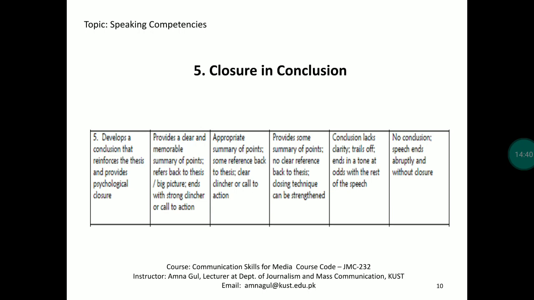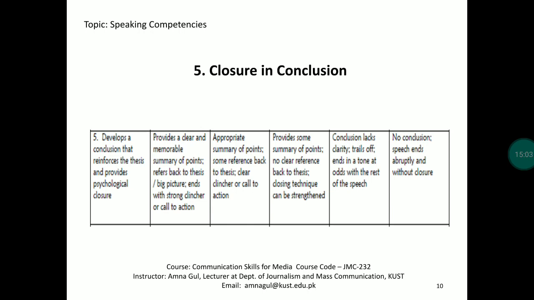Fifth, closure in conclusion. A student develops a conclusion that reinforces the thesis and provides psychological closure. For an advanced level student, he provides a clear and memorable summary of points, refers back to the thesis, that is the big picture, and ends with a strong clincher or call to action.